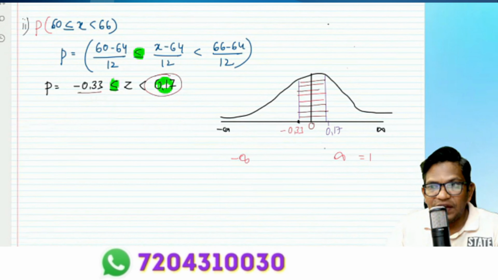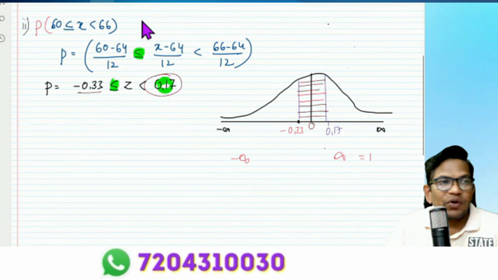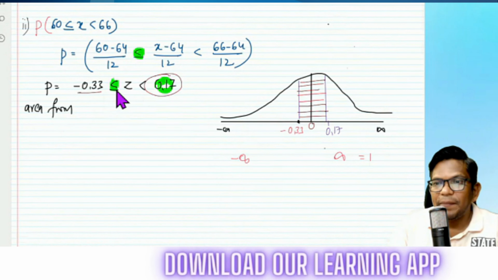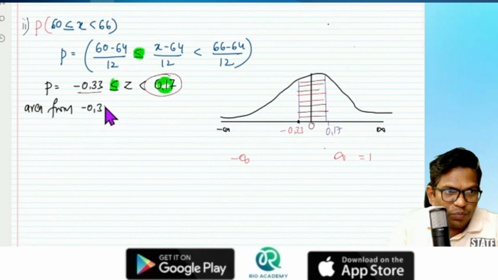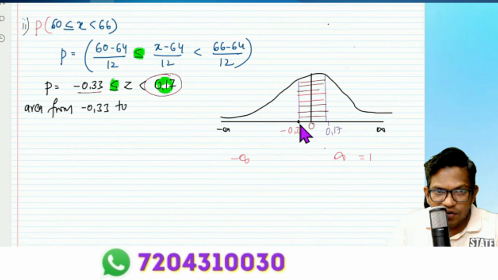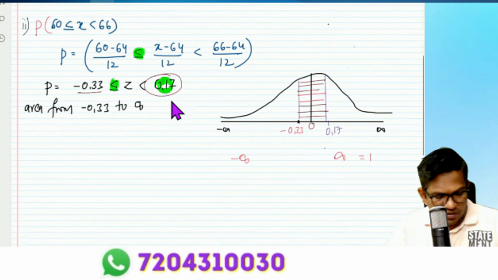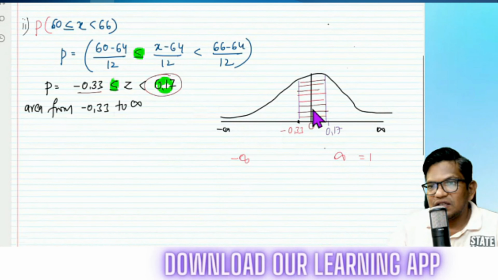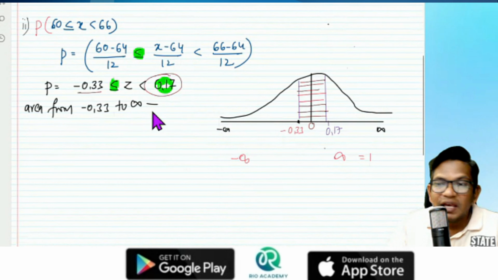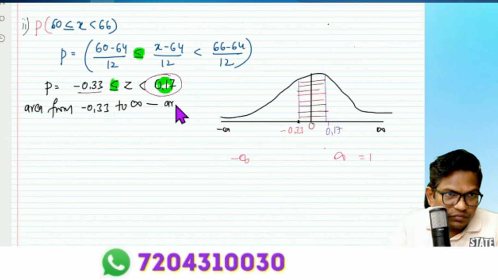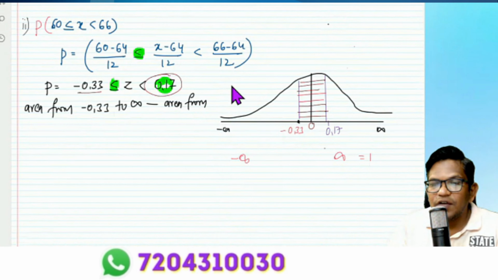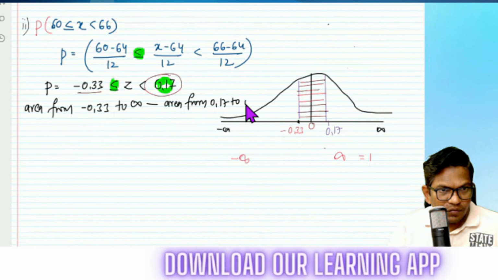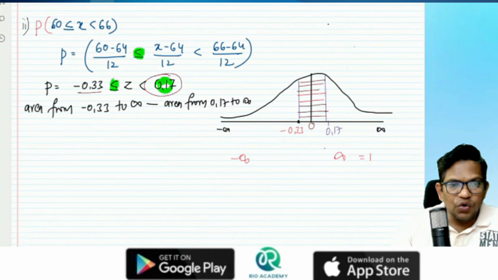Now, what we need to do is take the area from minus 0.33 to infinity, and we have to subtract the area from 0.17 to infinity.